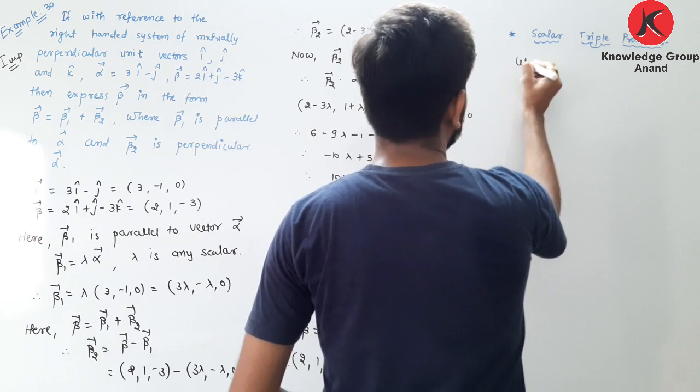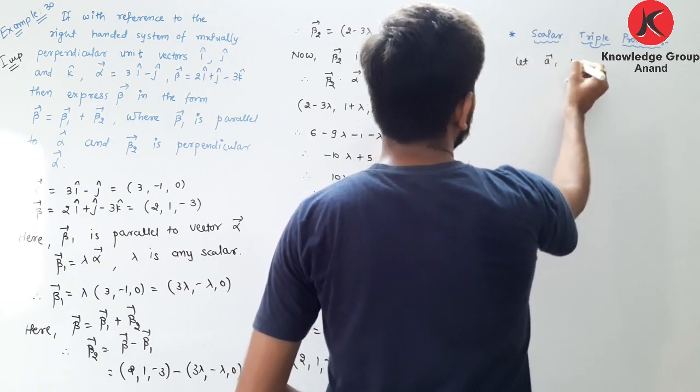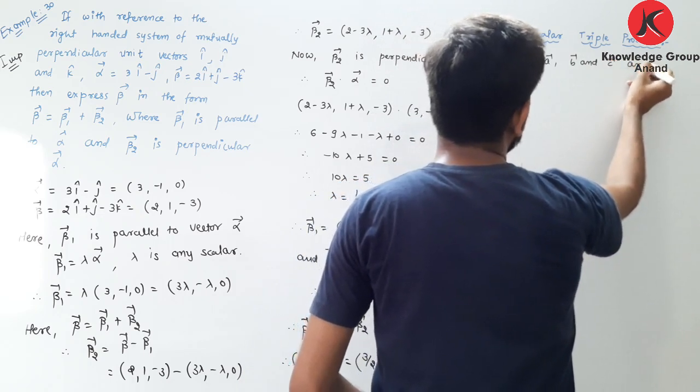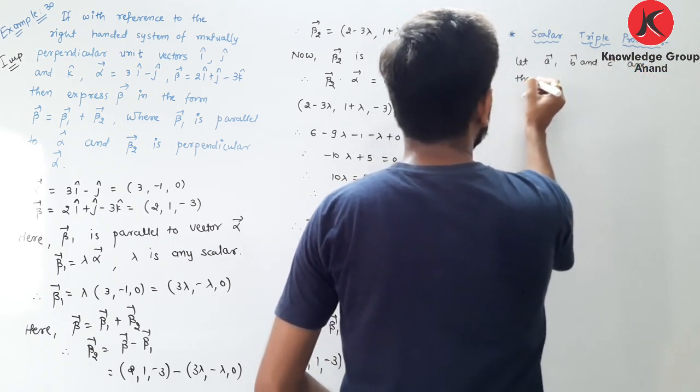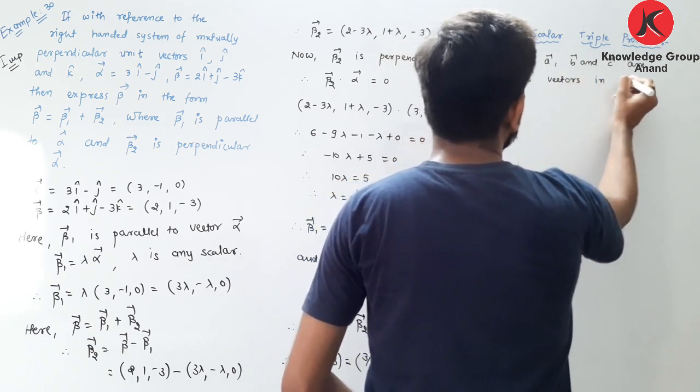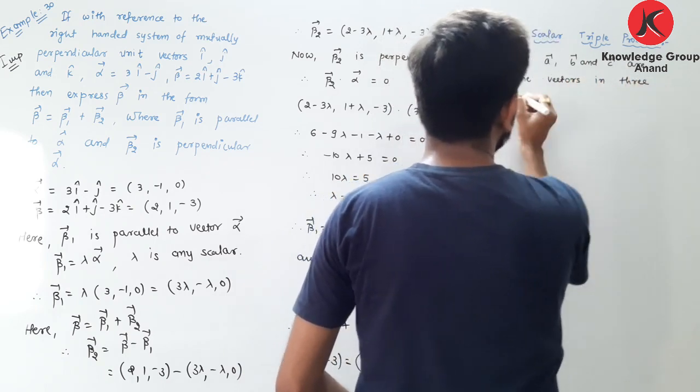So let vectors A, B and C be vectors in three-dimensional geometry.